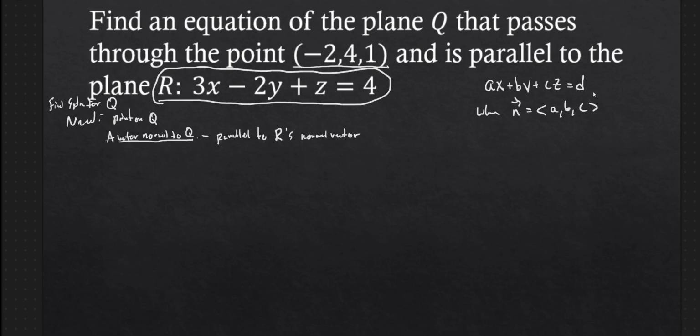So this could take various values, but what we really want is the normal vector. So I can actually read that off. It's just the coefficients: 3, -2, 1.